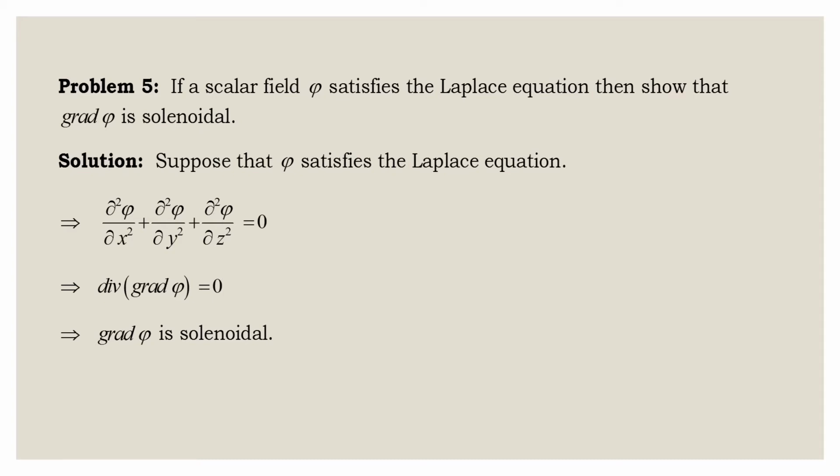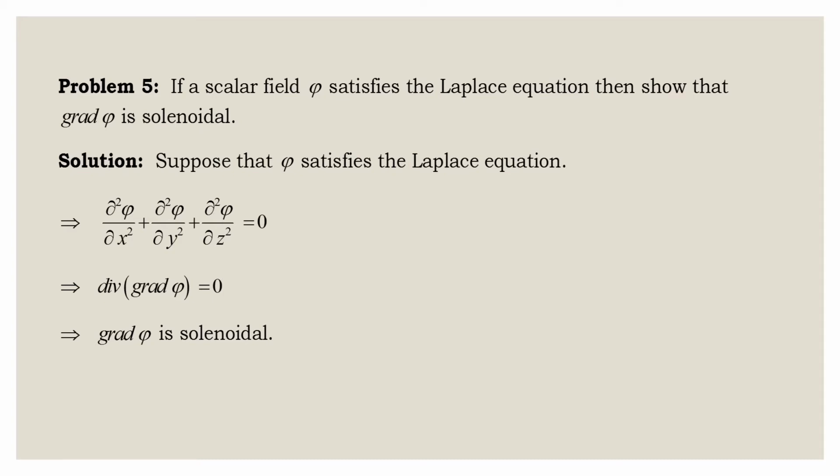What is a Laplace equation? We have seen it before. Laplace equation means ∂²phi/∂x² plus ∂²phi/∂y² plus ∂²phi/∂z² equals 0. In other words, del square phi equals 0. In problem 3, we have observed that del square phi can be written as div of grad phi.